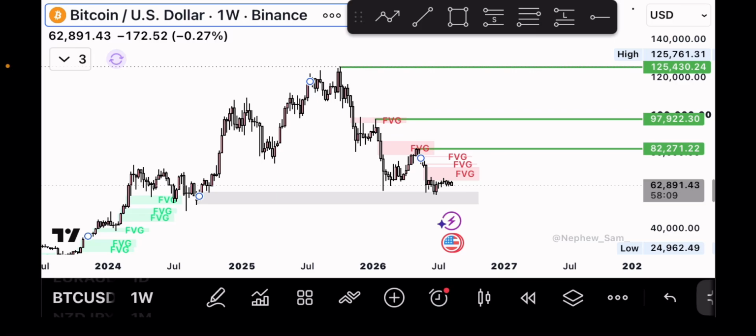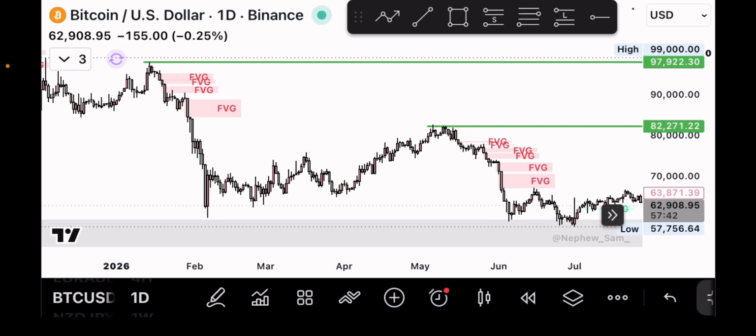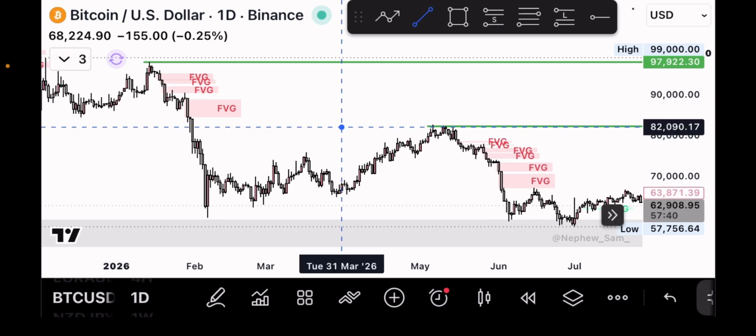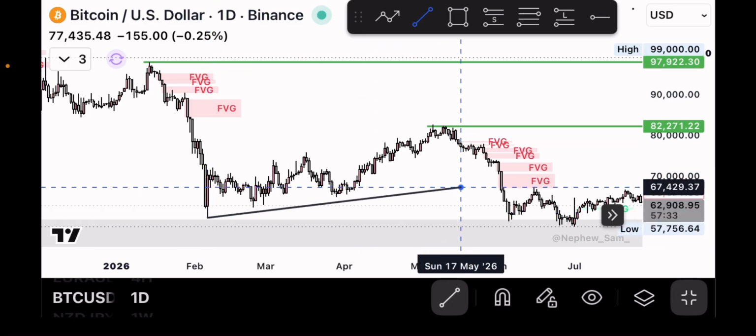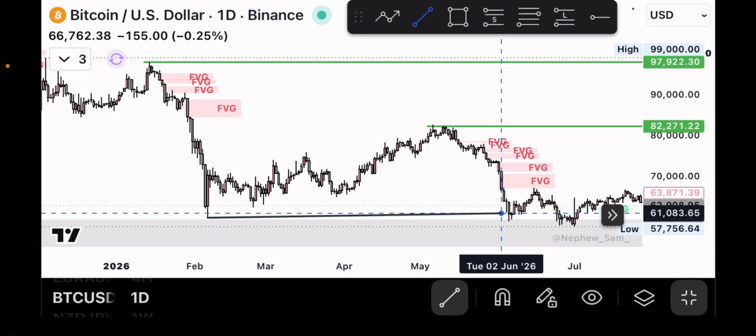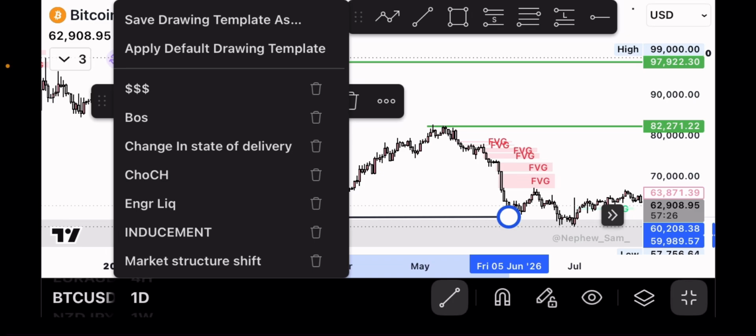Now we go down to the daily time frame. On the daily time frame, we have this engineered liquidity. This level is engineered liquidity on the weekly time frame. So price has already taken out the engineered liquidity. Price already swept it.